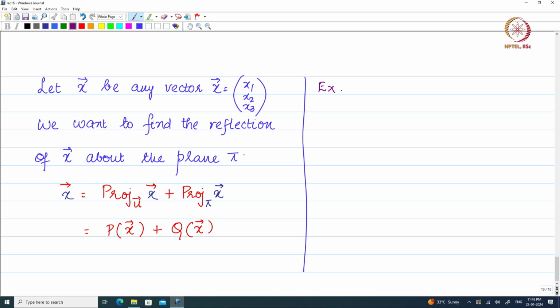Let me have this vector which is, let us say, v1, v2, v3, and I am going to call this vector u as basically along the direction of E1, which is 1 0 0, and the plane pi is basically the x2 x3 plane.